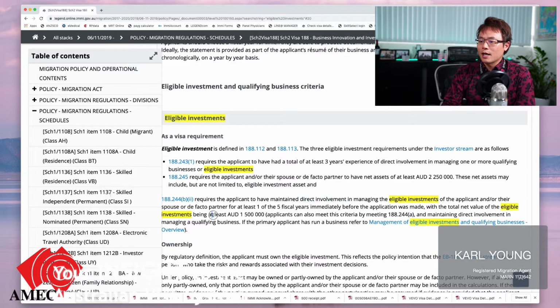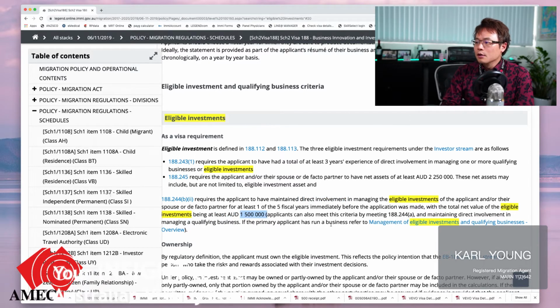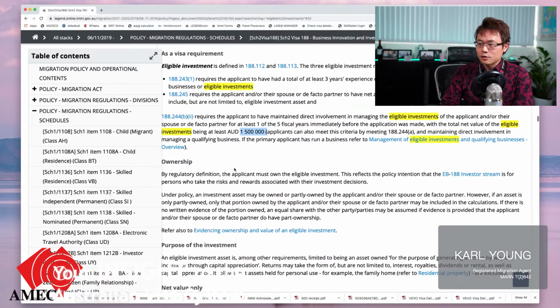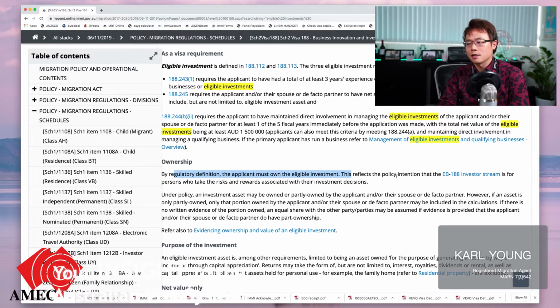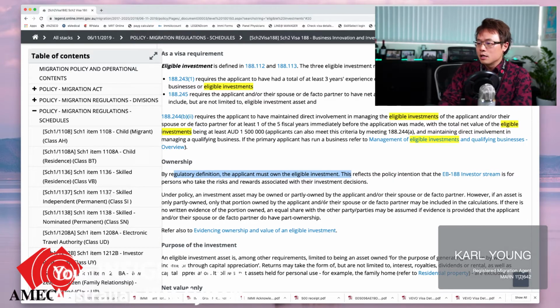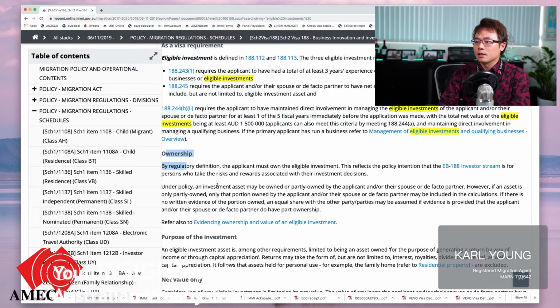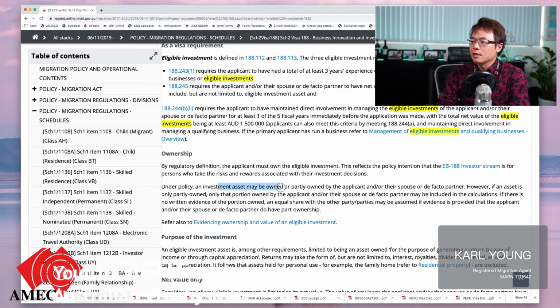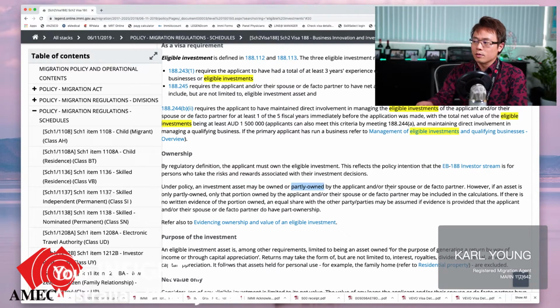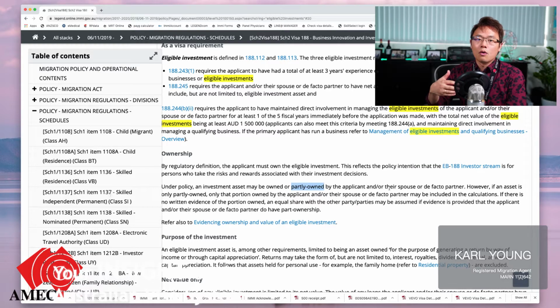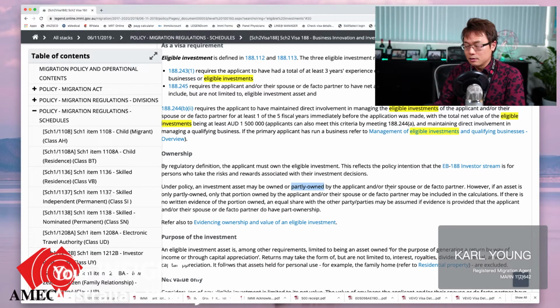We need to show that the eligible investment is at least 1.5 million, and then the ownership. By regulation definition, it must be an owned eligible investment. That's pretty obvious. You can't take someone else's. But the only issue on this topic is that some people partly own it, either with a spouse or as a member of a family.